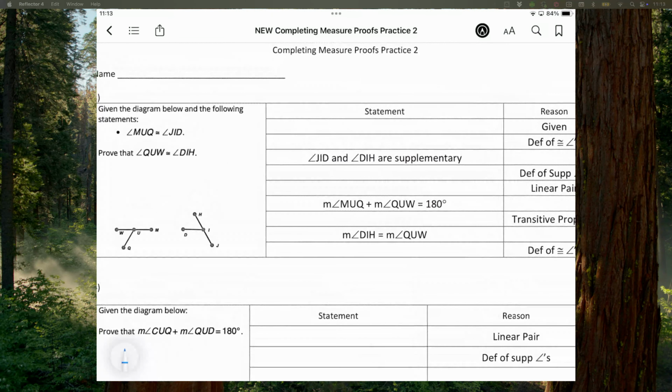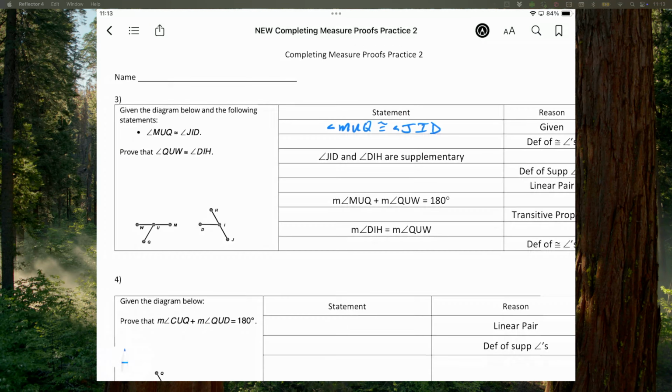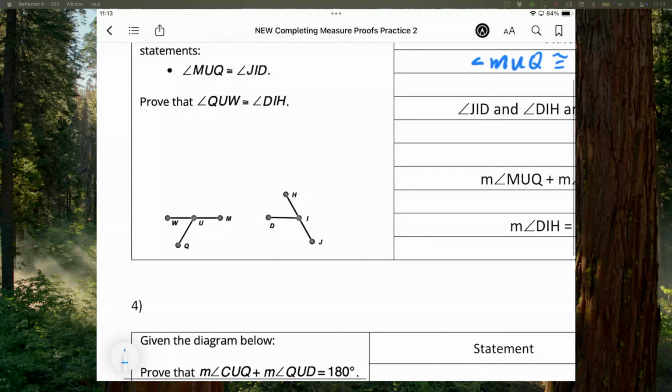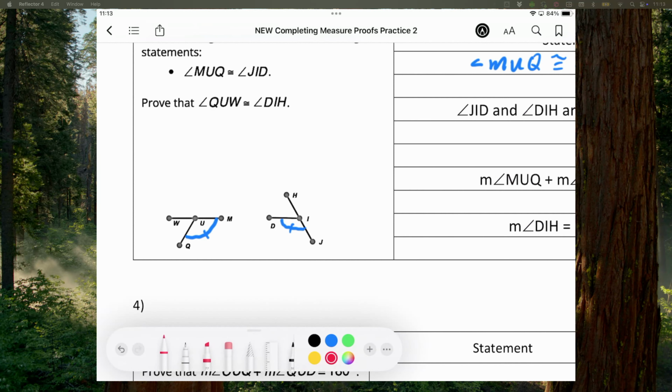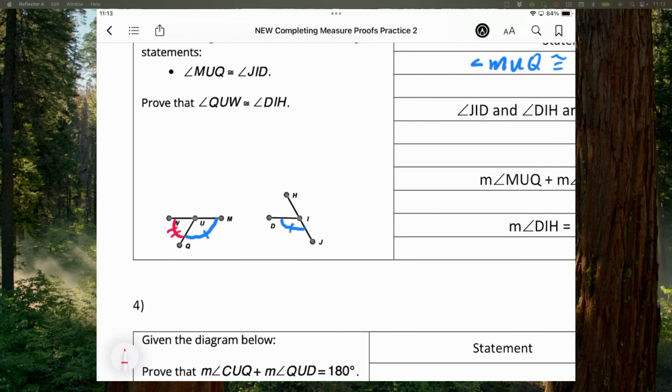We have angle MUQ is congruent to angle JID, as was given. Let's mark it. We are asked to prove that QUW is congruent to DIH.